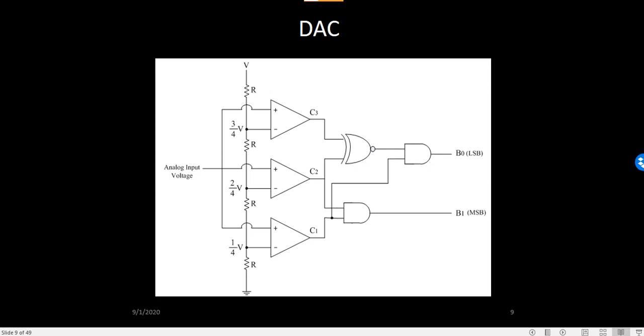So here B0 and B1 are the outputs you get, right? Yeah, that's correct. If you are interested, you can take these 3 variables, make a K-map, and verify whether what they have done is correct or not. There are 2 outputs, so you will have to make a B0 K-map and a B1 K-map.